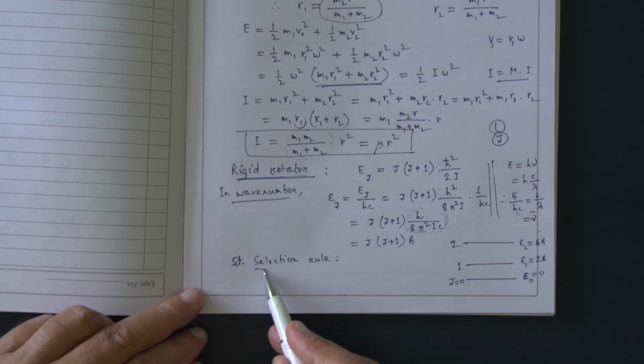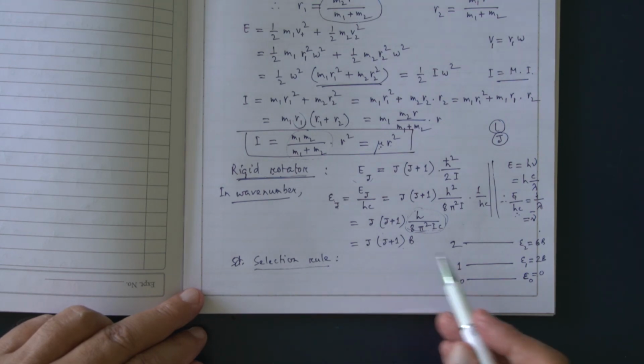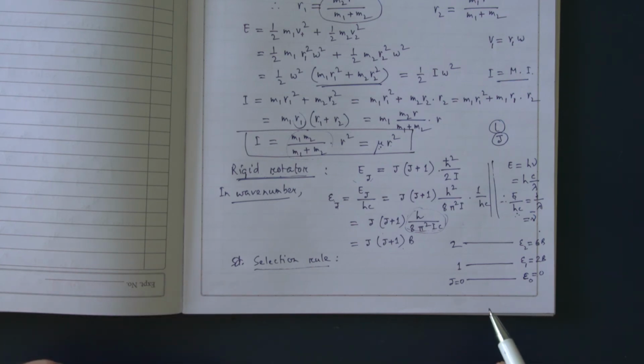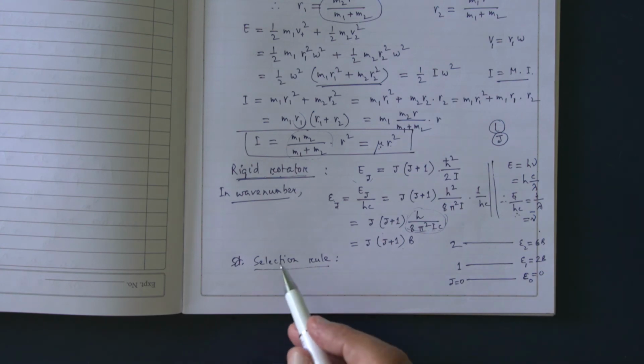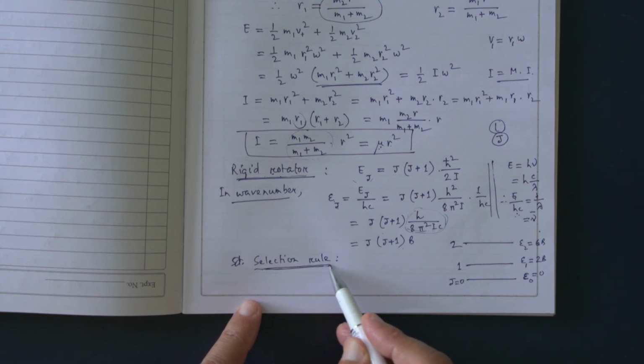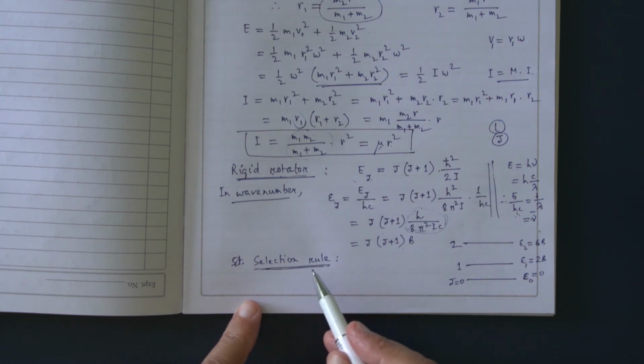And from the allowed transitions, we can find out the energy required for the transition. So ultimately, we are going to calculate the energy required for transition. For that, we need two things: the energy expression and the selection rule. The selection rule will tell us which transitions are possible.